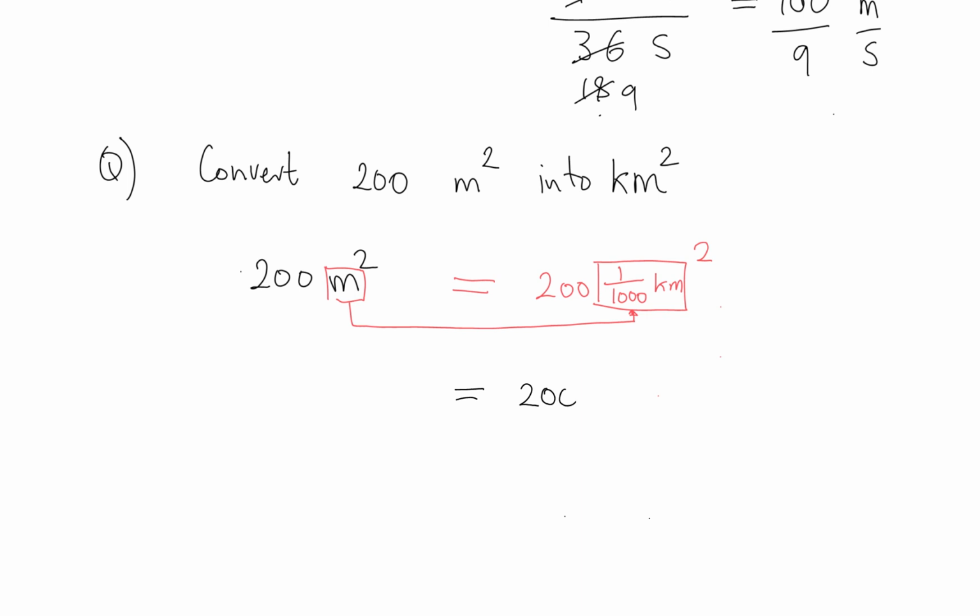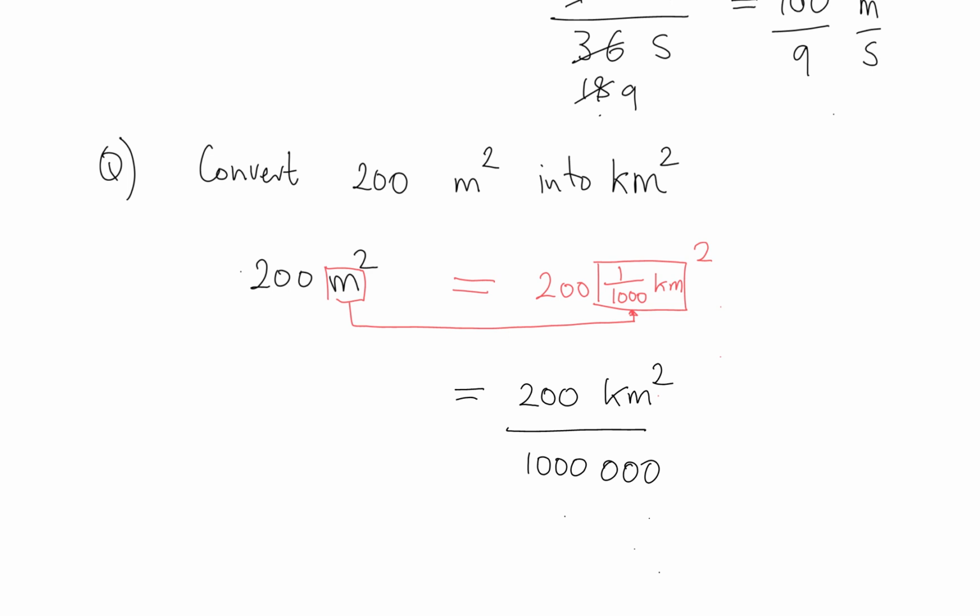So the 200 sits outside the squaring. That's not being squared. The numerator of this fraction is 1 kilometre. And you square 1 kilometre, you get 1 kilometre squared. And on the denominator, we're going to square the 1,000, which is 1,000 times 1,000, which is 1,000,000.